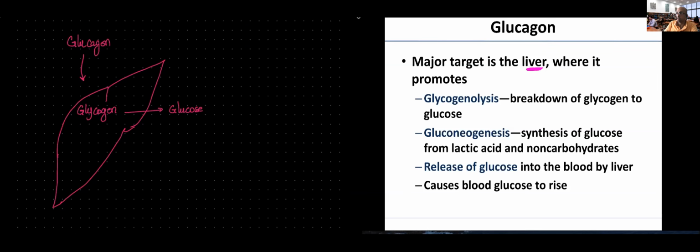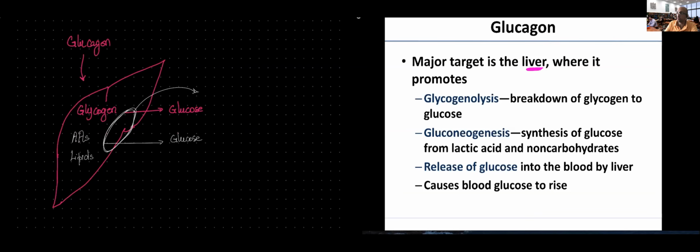The other function here of the glucagon, it acts on the liver cells to enhance it to convert the amino acids and the lipids into glucose. And this glucose, after you form it in the liver cells, it needs to be released from the liver to the blood.